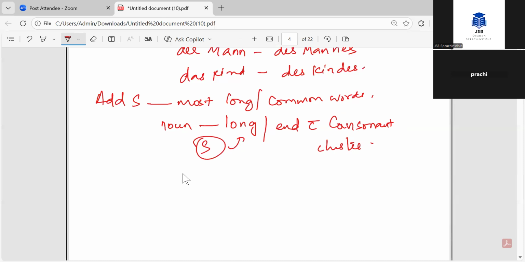Clear? For example, Computer. How many syllables? They are using three syllables. Computer, so I can use Computers. I can add the s.